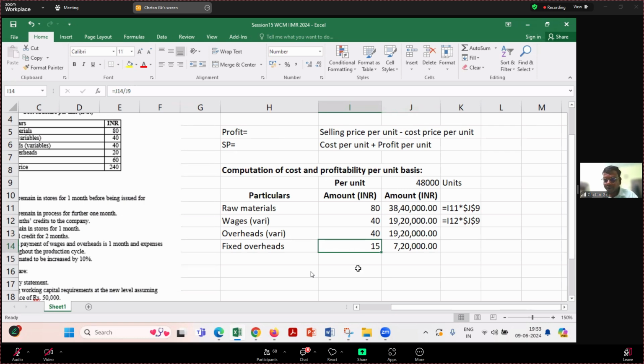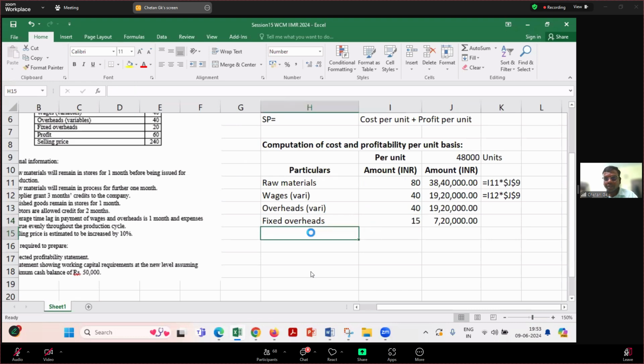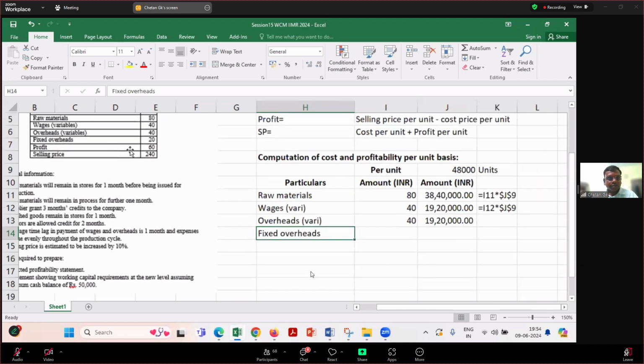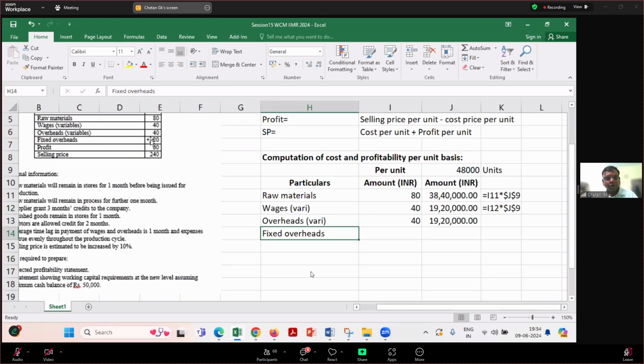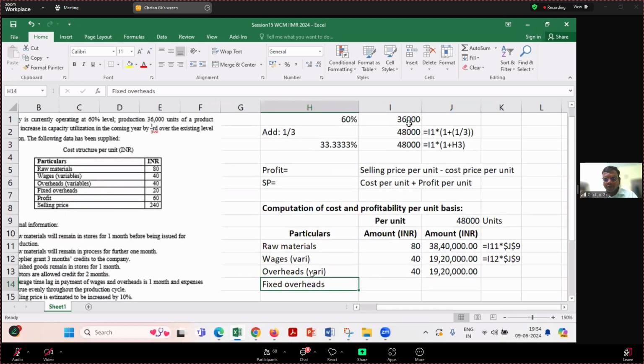Is it clear? Any doubts? Could you repeat the fixed overhead part once more, please? Yeah. The fixed overhead per unit must have been computed as 20 rupees for 36,000 units. Just because you produce 48,000 units, the total fixed overhead will not change, that is actually fixed.